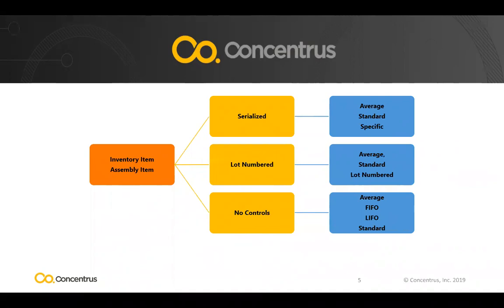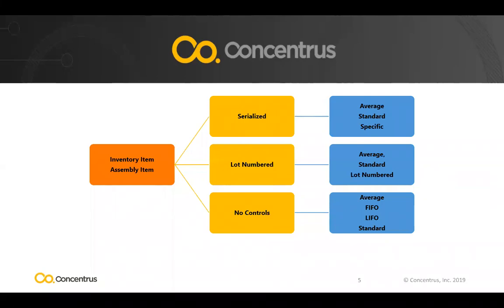One is average, one is standard cost, which allows you to set the cost regardless of what you pay for it. And lastly, a specific cost, which will actually tie a cost tier or cost specific to a particular serial number associated with that item. We'll talk a little bit more about that.